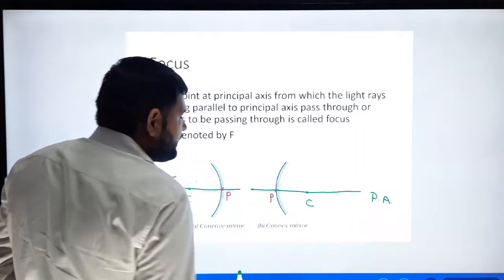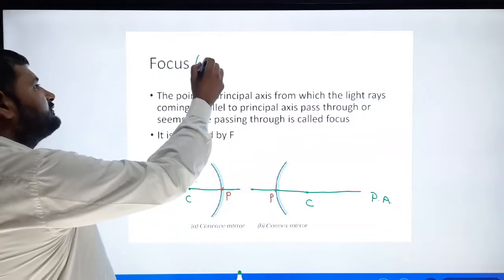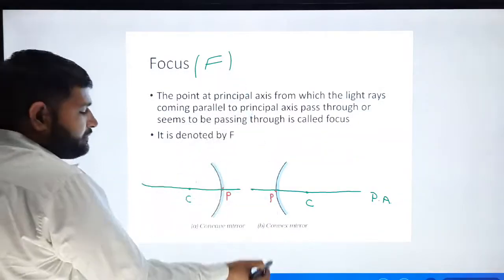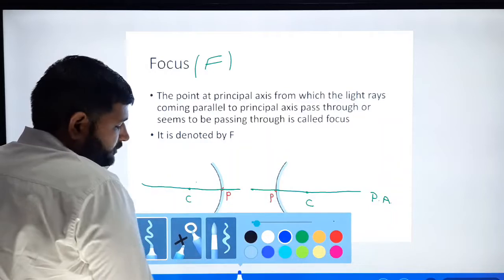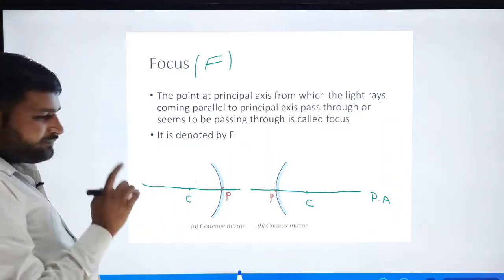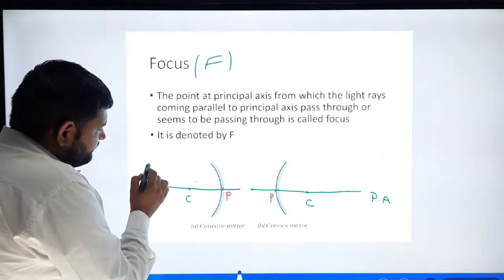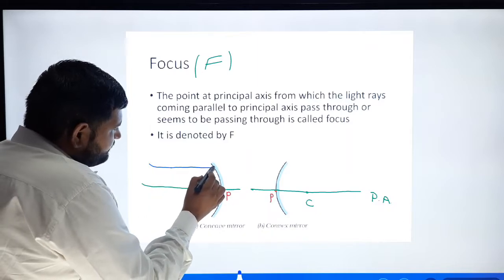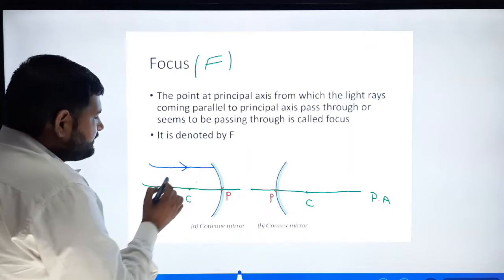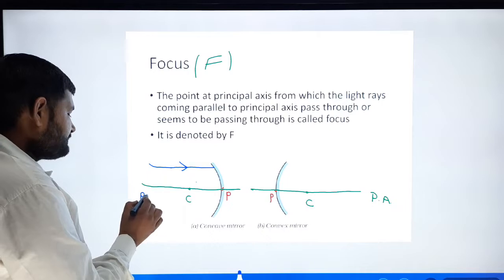Okay. Now, what is the focus, which is represented by capital F? What is this focus? Consider that light rays are coming parallel to the principal axis.